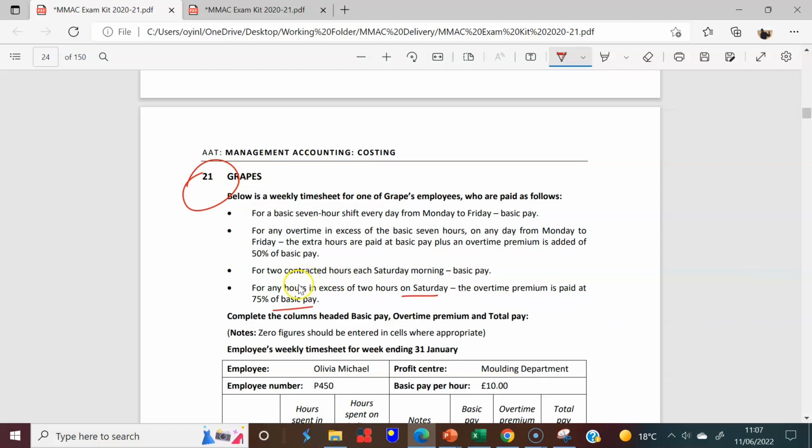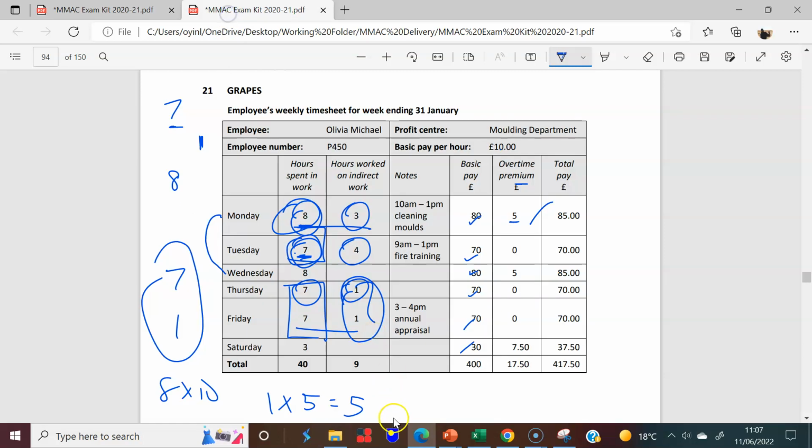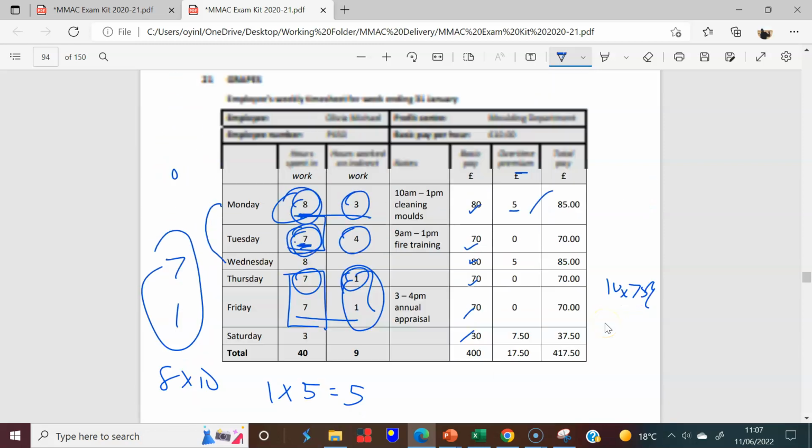So give the 3 hours as normal, which is what we've done here, 30. And then you have 1 extra hour of overtime because that's one more than the normal 2. You multiply that at 75% times 10, and that's why you have £7.50. And so you have this finishing, and that's it really.